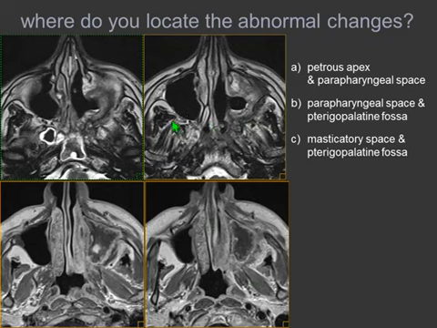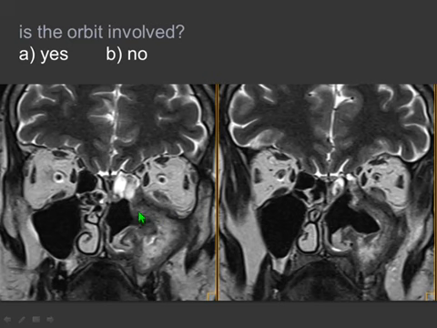You have to compare with the opposite side where we have fat tissue and small dots that suggest the presence of the sphenopalatine artery. Here there is hypointensity on T2, hypointensity of the bone, and mild and non-homogeneous enhancement reaching the pterygopalatine fossa. Because at this level we have very important structures that we have to consider.